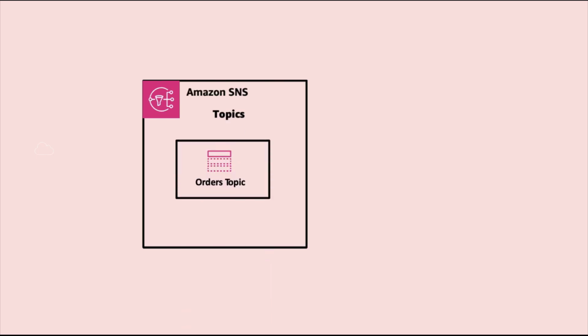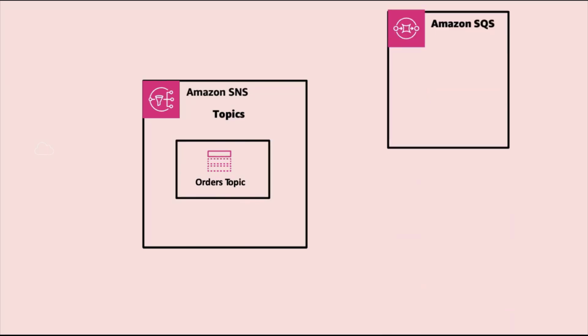Now we have the Amazon SQS and SNS services. Within that, we will have one topic called orders. We will create this topic first, and then we will create an Amazon SQS queue named orders. Then we will create a subscription on the SNS topic for the orders queue. There's only one subscription here, but in production, you can have multiple subscribers to the same topic.